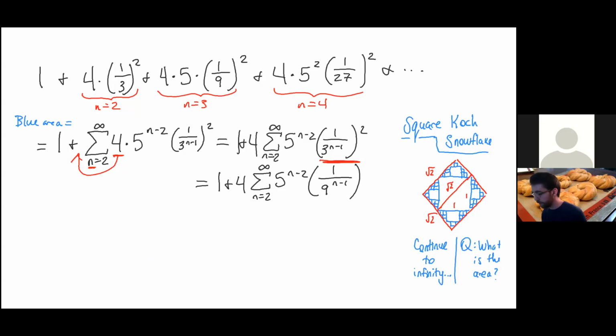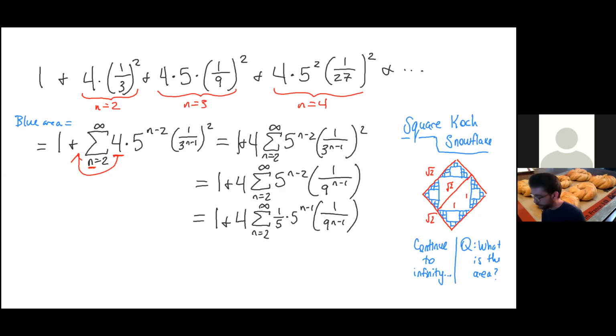The next step is that I would really like these exponents to be the same. One is n minus 2, the other is n minus 1. But I can make them the same by messing around a bit. In particular, I could pull a 1/5 out, and that would leave me with 5 to the n minus 1. And I'm not touching the stuff in parentheses.